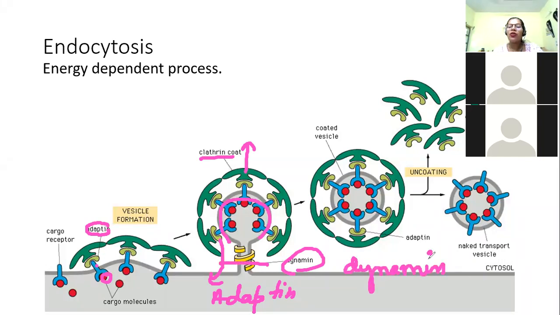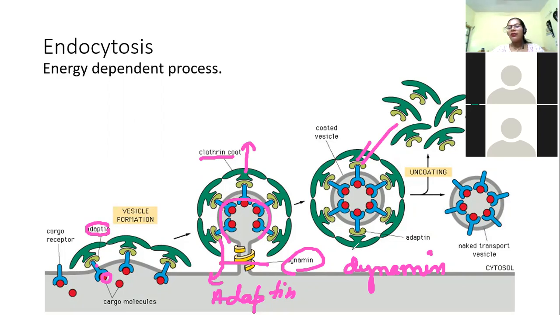So what are the two new proteins we studied? First one is the adaptin, which is helping in the binding of the receptor as well as the clathrin. Now the vesicle needs to pinch off from the plasma membrane, so that is done by the dynamin. Finally, when this vesicle is formed, all these clathrin coat and adaptin will get removed and your vesicle carrying only the receptor as well as the cargo, the ligands, will be taken inside.